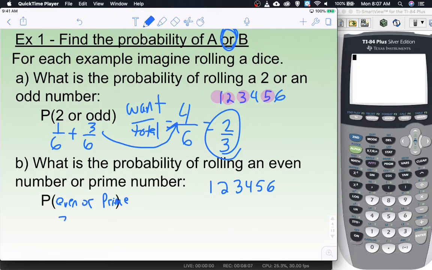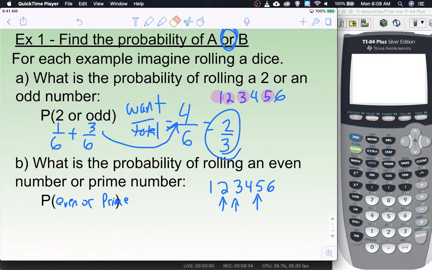There are 3 out of the 6. How many prime numbers are on that dice? 3 out of 6. In case you don't know, the prime numbers would be 2, 3, and 5. So if we would add those together, we would get a 6 out of 6, which, no, that's not actually going to be the right answer.